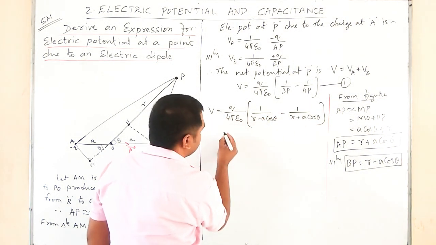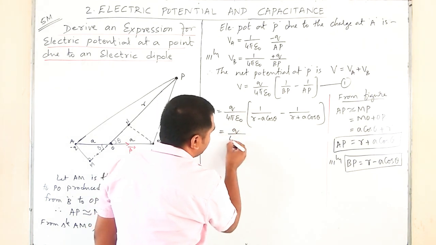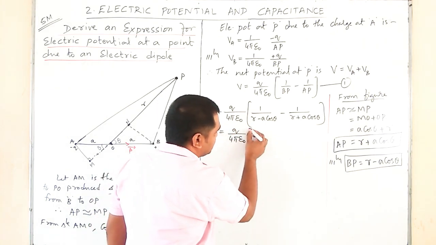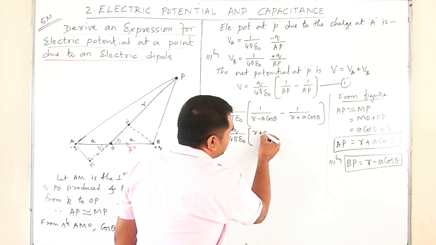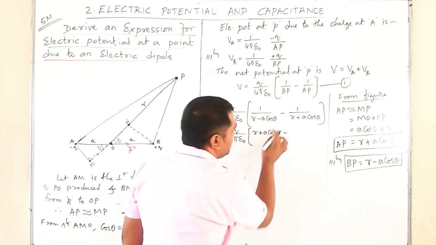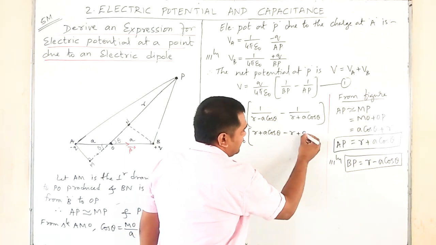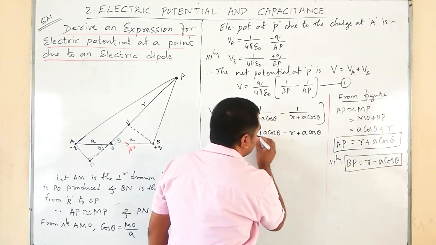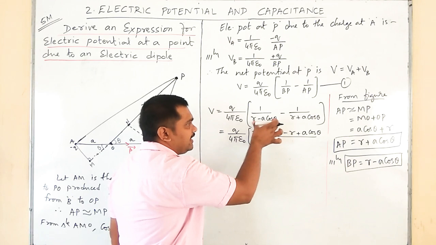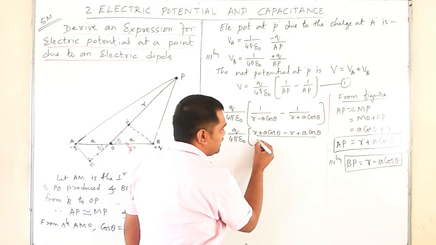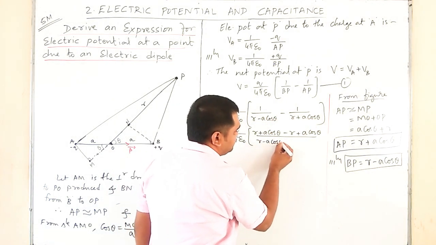Cross multiplication gives you Q divided by 4 pi epsilon naught, r plus A cos theta minus r, minus into minus plus A cos theta, divided by, see, it is A minus B into A plus B. Okay.